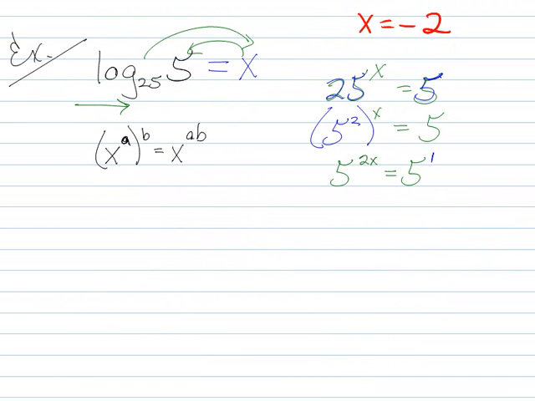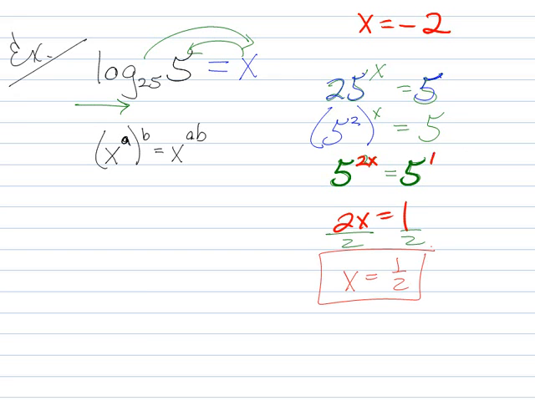It's a 1, right? Not a 0, it's a 1. So now that our bases are the same, we can set our exponents equal to each other. Divide each side by 2 and get x equals 1/2. And that makes sense, right? Because 25 to the 1/2 is the same thing as, hopefully, the square root of 25. And that's 5. And that's what we meant it to be.